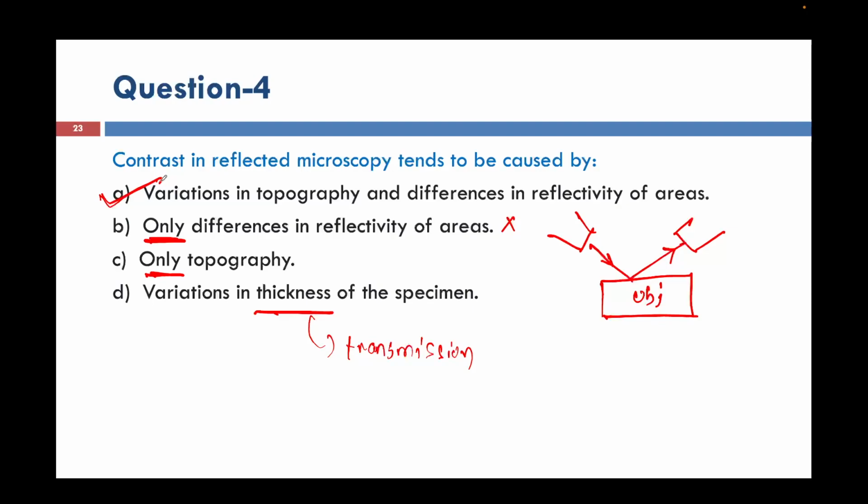If you see the samples under the microscope for color etching, with different etchants you can see different phases in different colors. In that scenario there is a difference. Sometimes only topography matters, sometimes only reflectivity matters. If topography is not there, then reflectivity also matters.